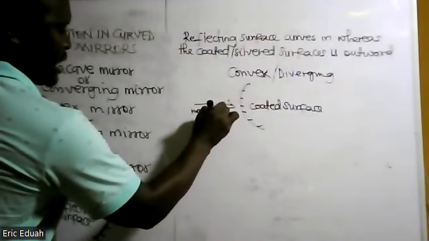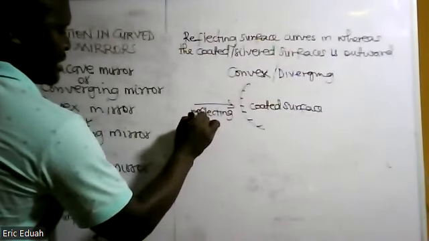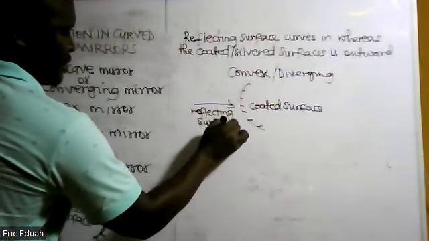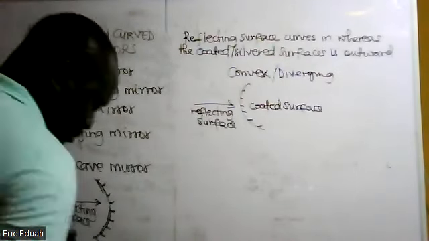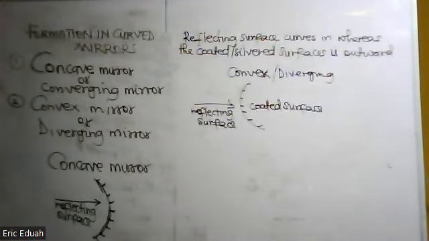Whereas the arrow indicates the reflecting surface. Let me write the details and narrate.